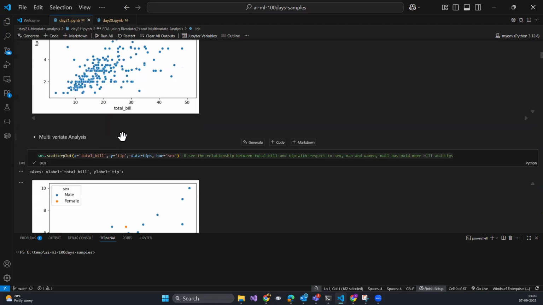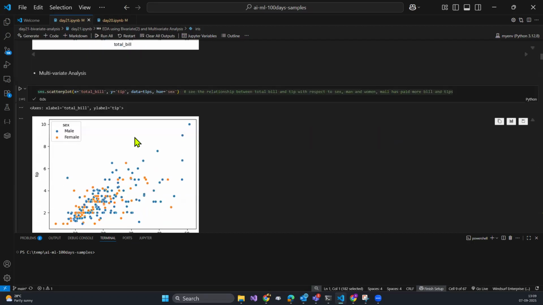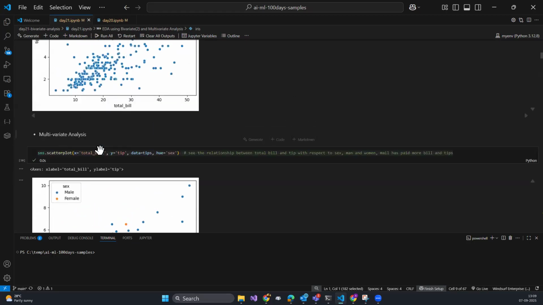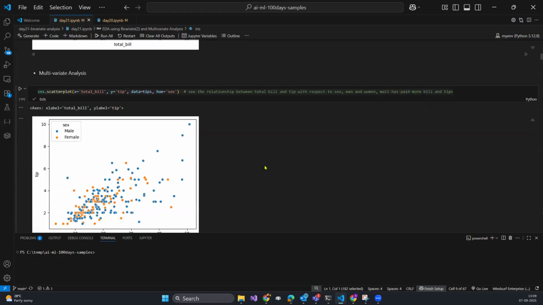Then we can do multivariate analysis. This is analysis with two columns, but instead of bivariate, we can do multivariate. We can include more columns. So in the same scatter plot, the x-axis is the total bills and the y-axis is tips, right? Now we show the sex, meaning whether the person was male or female.